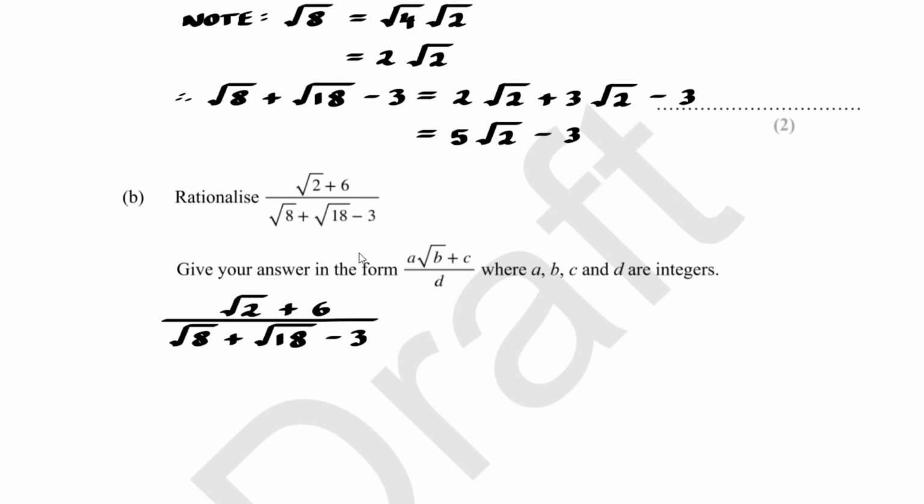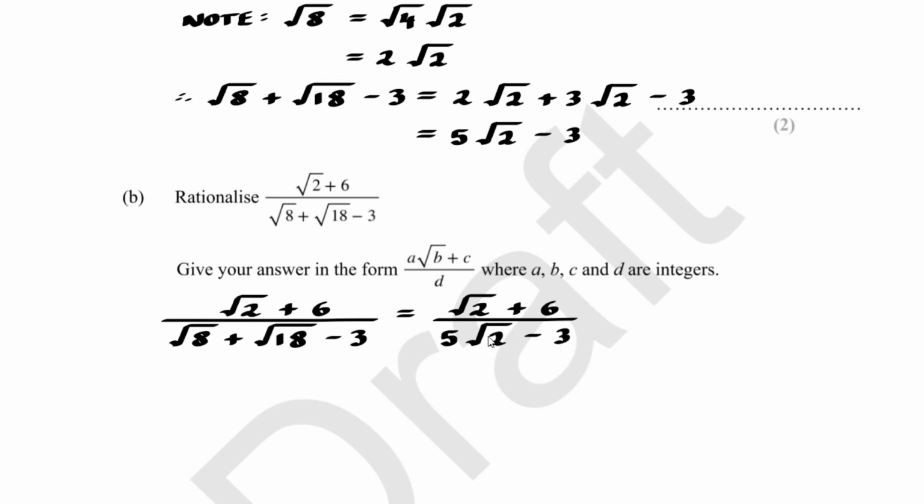And what we can do to work this result out is use our answer to part A. Notice root 8 plus root 18 subtract 3 we found to be 5 root 2 subtract 3. So we can rewrite this as (root 2 plus 6) over (5 root 2 subtract 3).